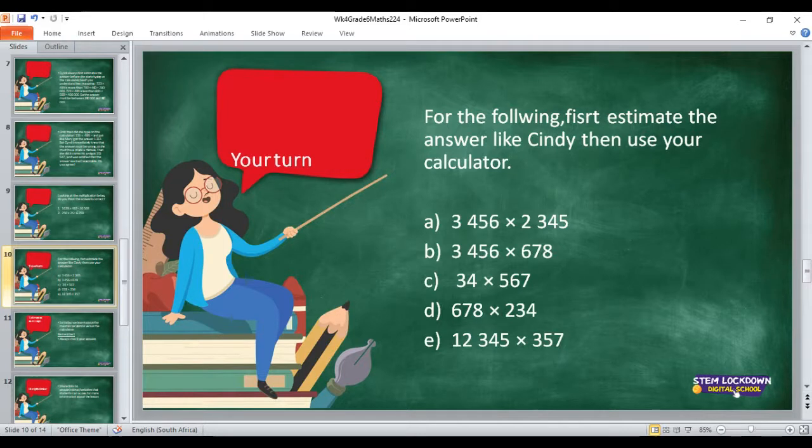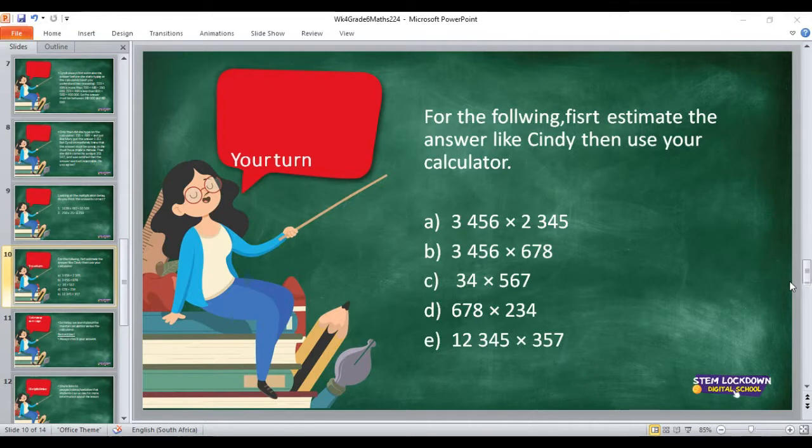And then the second one, we're dealing with thousands and hundreds. So now this time it's going to be a bit different: 3,456 multiplied by 678. Oluwetu says the estimate is 19,000, and then she gave the answer of 19,278.